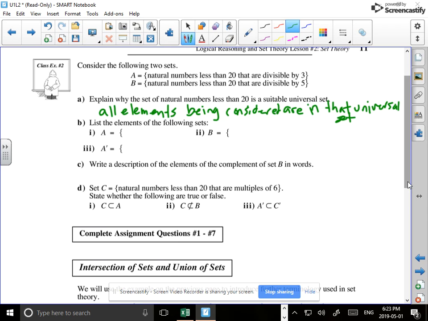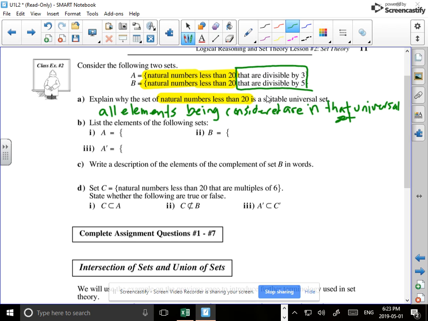So I'm going to highlight this here: natural numbers less than 20. Natural numbers is in both of these, less than 20 is in both of these. The only way these two differ is in what they're divisible by. So it makes sense to have that as your universal set, because we know for a fact that both of these sets, A and B, are within that universal set.